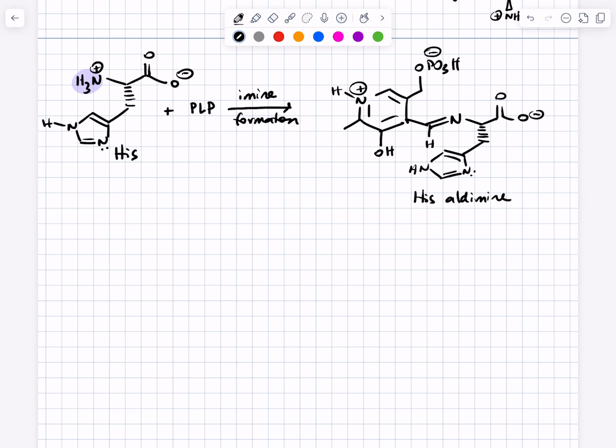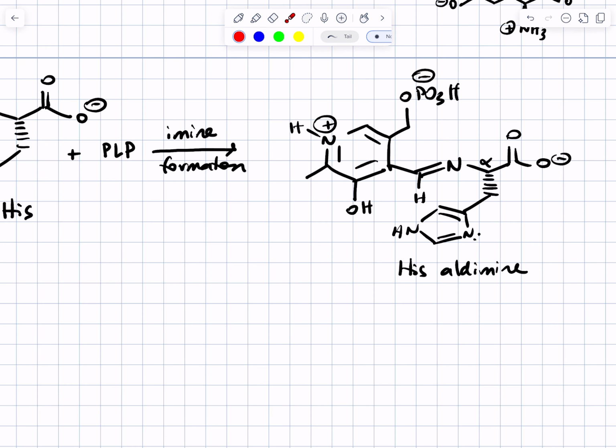Now, if we were going to do transamination chemistry, we would tautomerize and our attention would be focused on the alpha proton. And remember, the reason for that is the presence of the PLP imine stabilizes a negative charge on the alpha carbon. Now, with that in mind, what else do you think could happen here?